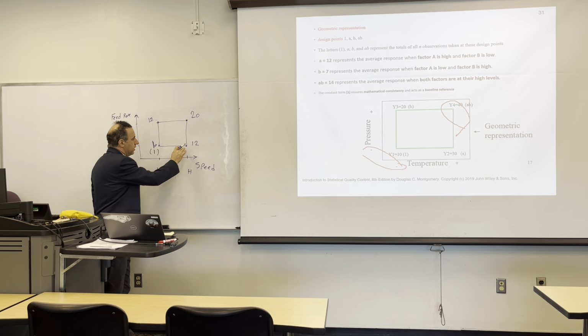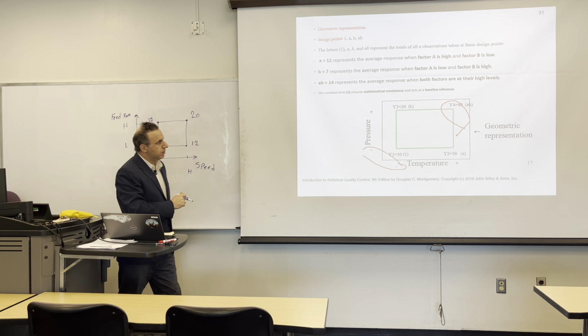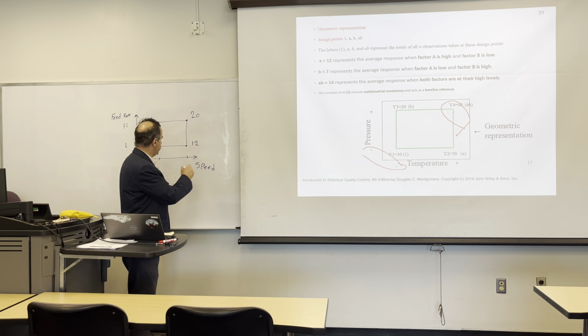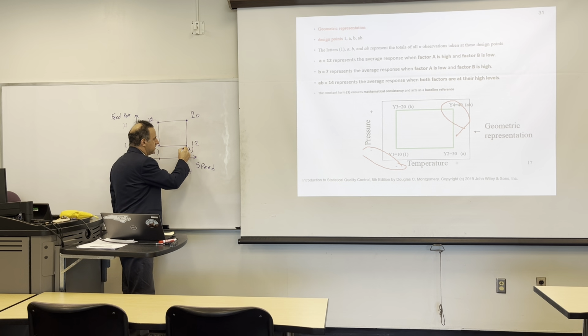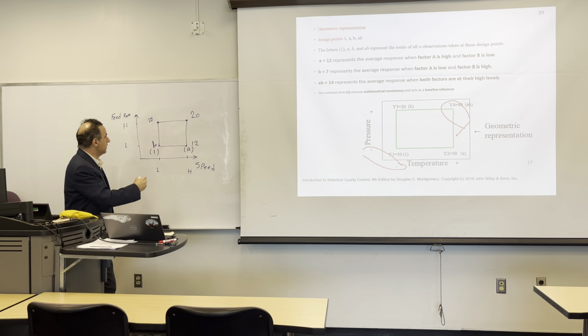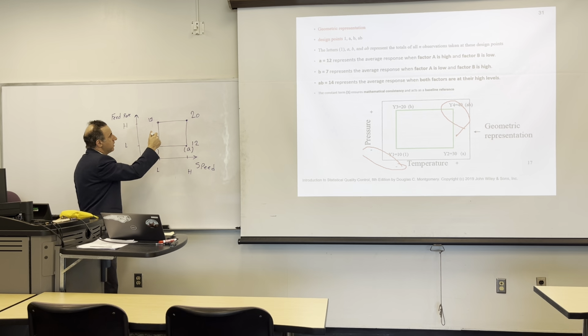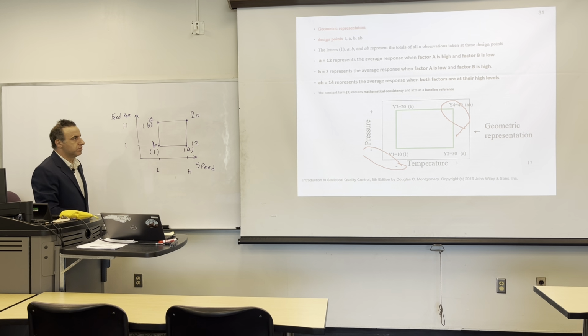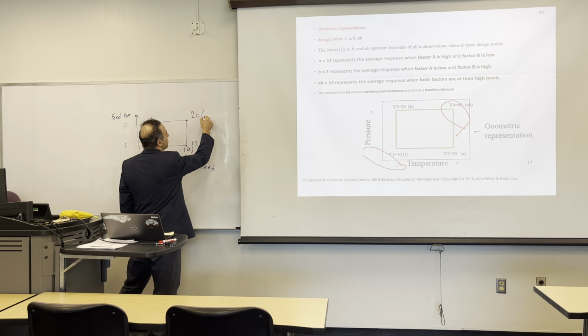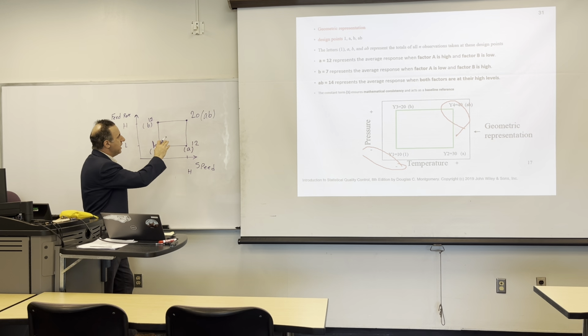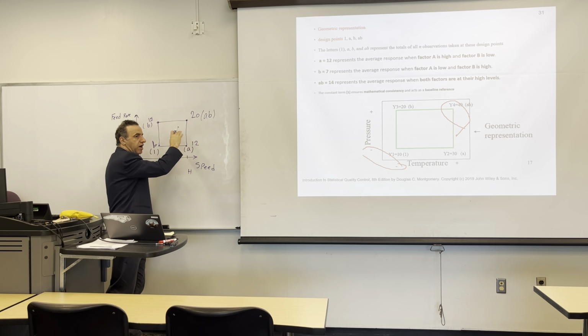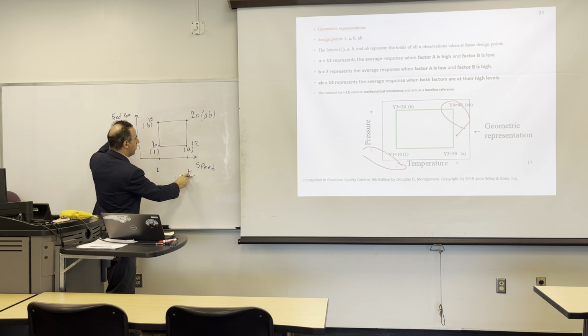And then this point is called A. This is the design point A. And this point is called B. And also we call this point AB, where at point AB we have both of them at high level. You see, these two are high.